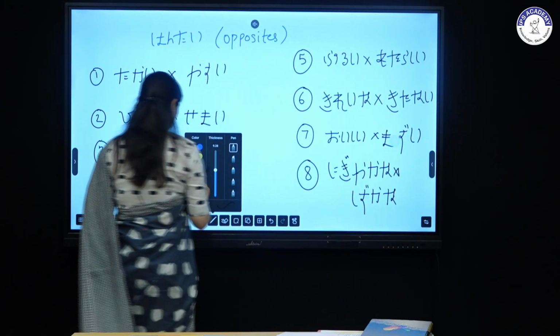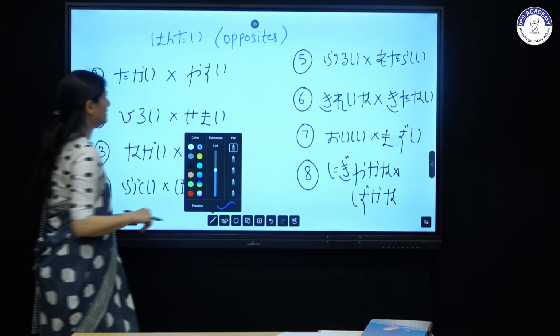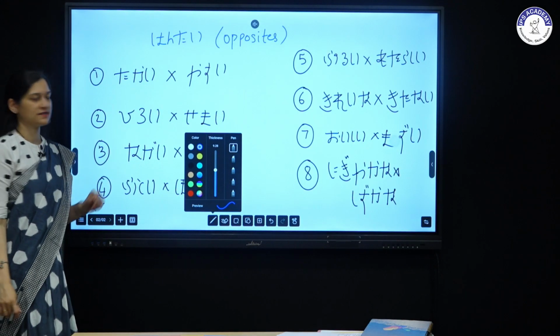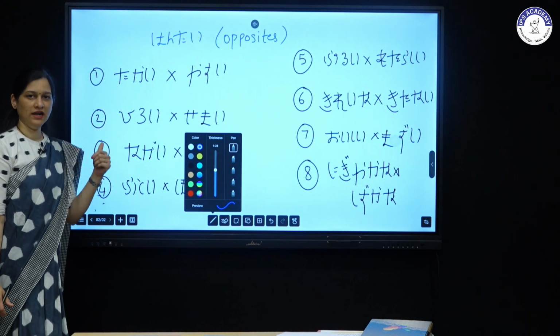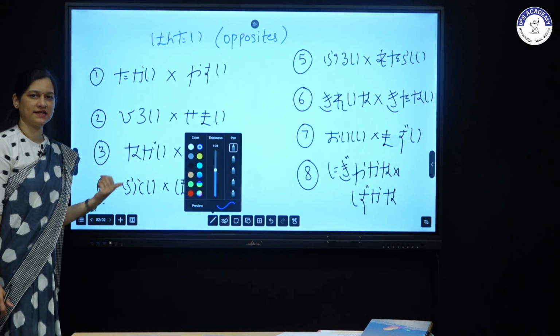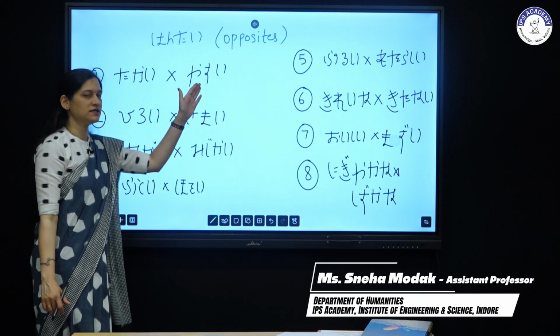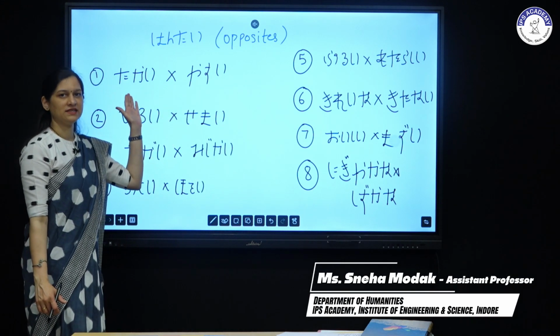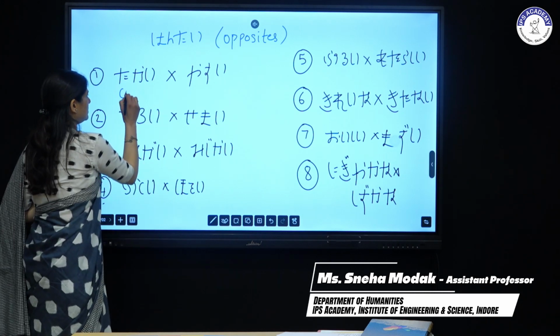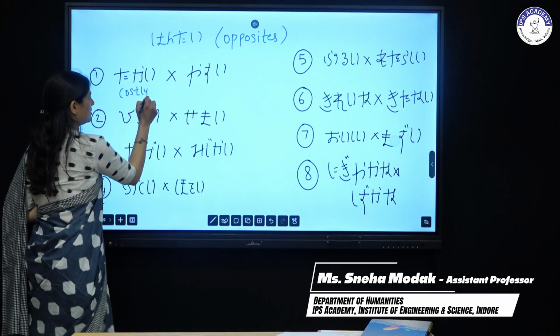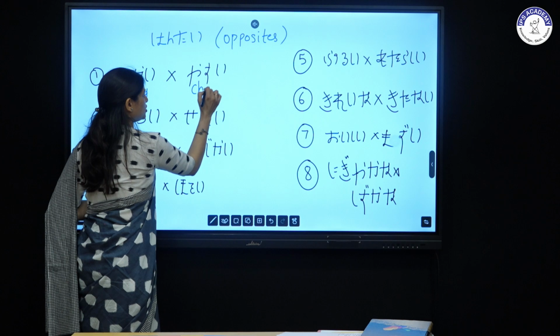Now, let us understand their meanings. Takai means tall. It also means costly. So if the opposite is yasui, that means here takai is used as costly. So takai is costly, yasui is cheap.